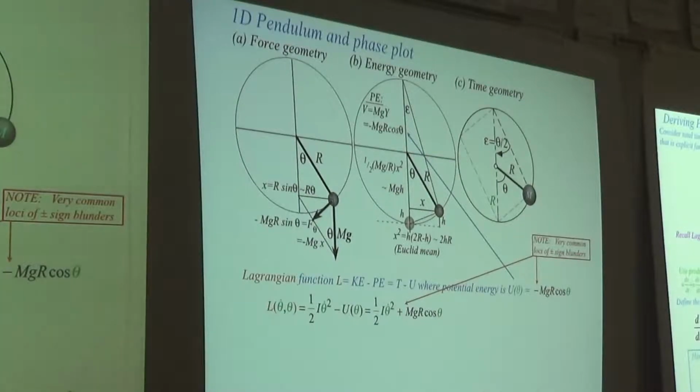Okay, so the geometry is fairly simple. The actual distance, r sine theta, that this moves out is pretty close for small angles to just r times theta.